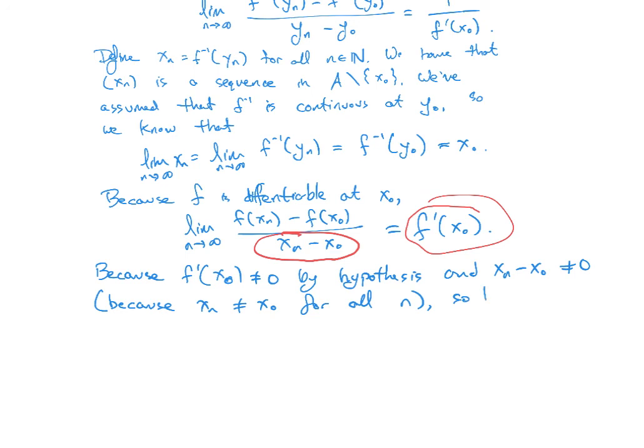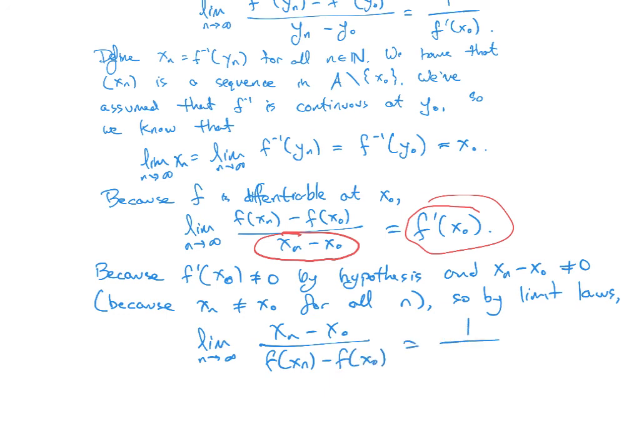Okay, so by our limit laws, the limit of the reciprocal over here is the reciprocal of the limit. Now on the right hand side we've got what we want. We want that to be the answer for the derivative.